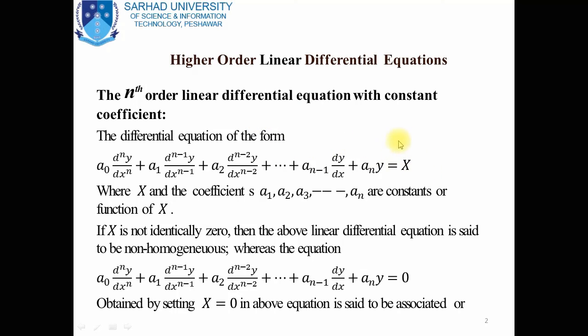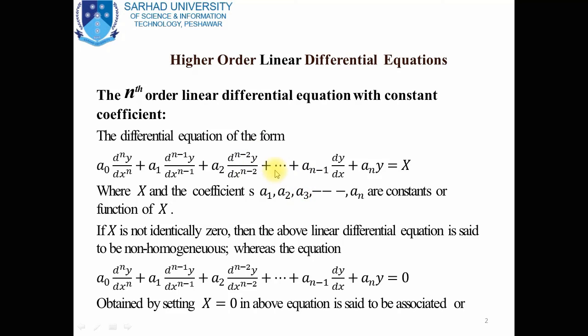If this right hand side function is 0 and the coefficients a0, a1, a2 up to an are constant, then the equation will be a homogeneous linear differential equation of higher order with constant coefficients. In this case, the equation has only a complementary solution.